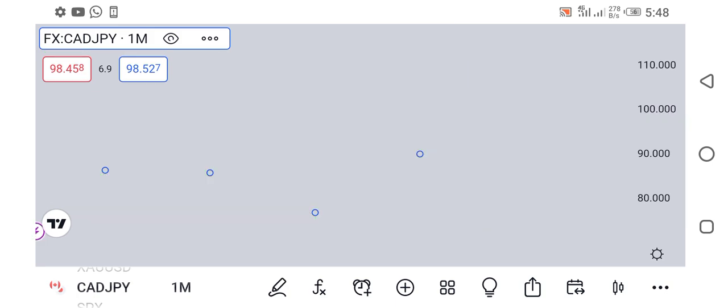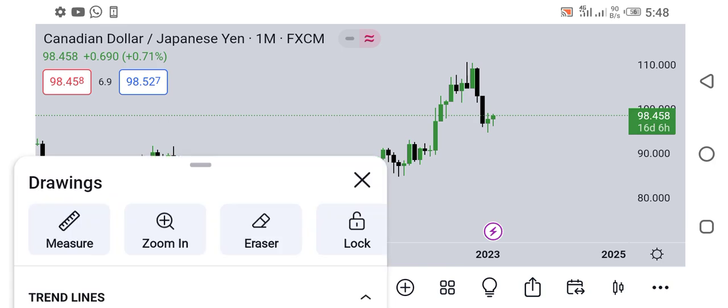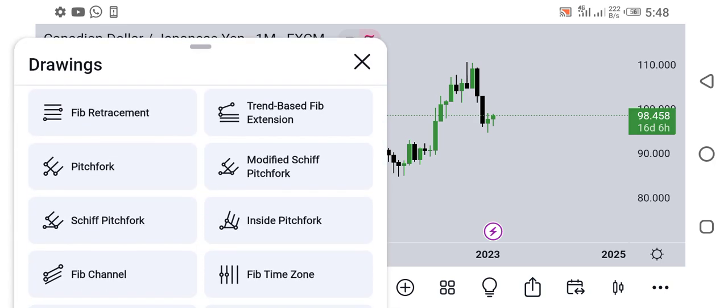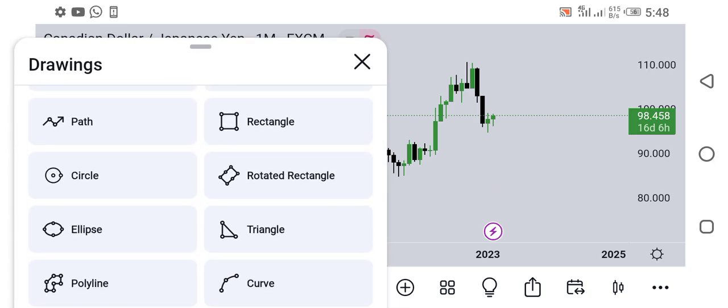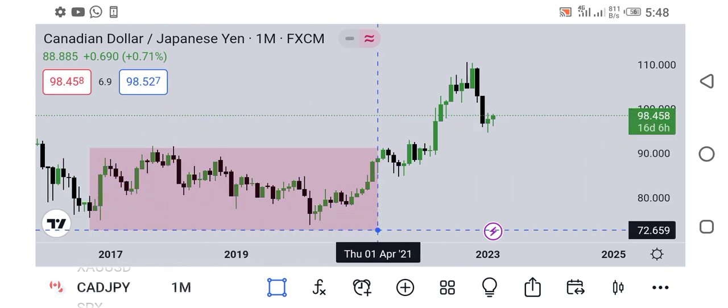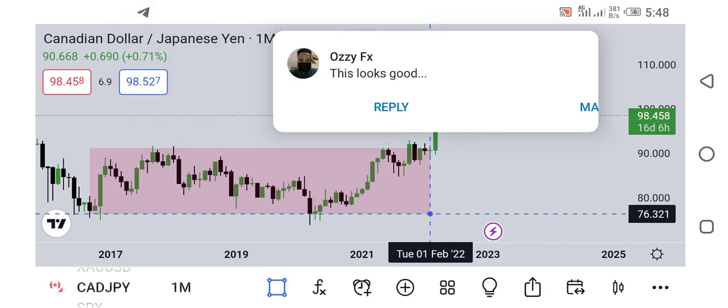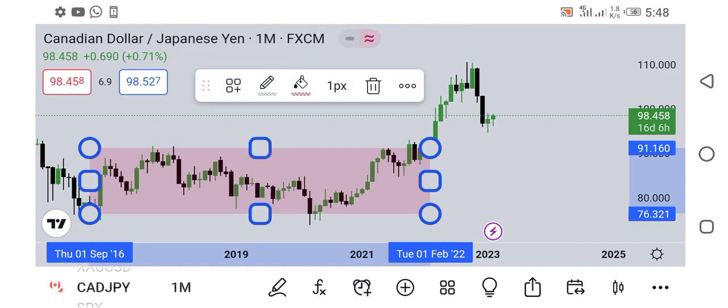Now if you look at the monthly chart, you're going to see how CAD is trending upward. Before it goes upward, we have a little bit of consolidation here. You understand? It's a big range, but it's also a consolidation. But it's going up.